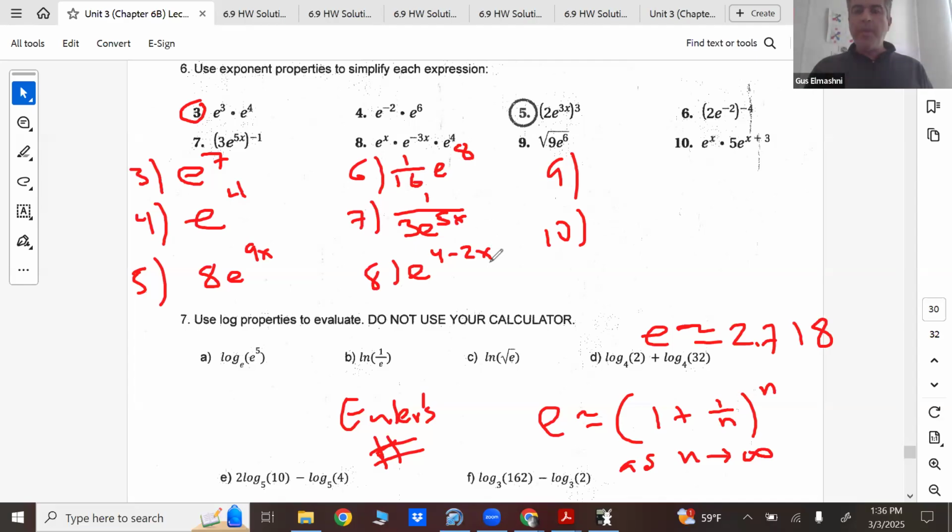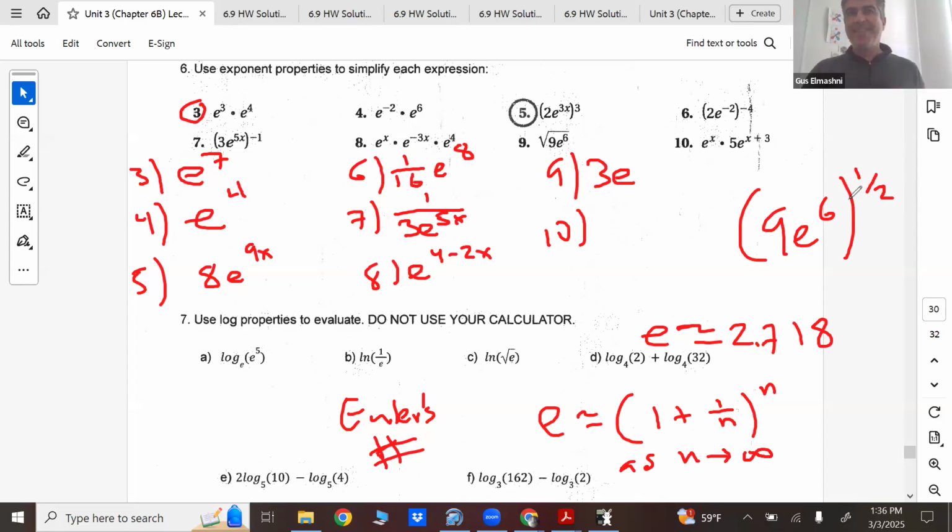For 9, what happens if you square root 9? What do you get? 3. And what do you think the power would be next to e^6? Well, you're square rooting, so what's the exponent for square roots? If you replace the square root with an exponent, what does that become? 1 over 2, right? And then how do you combine the 6 and 1/2?